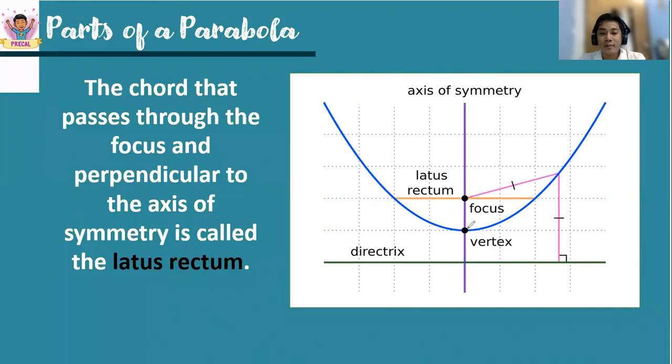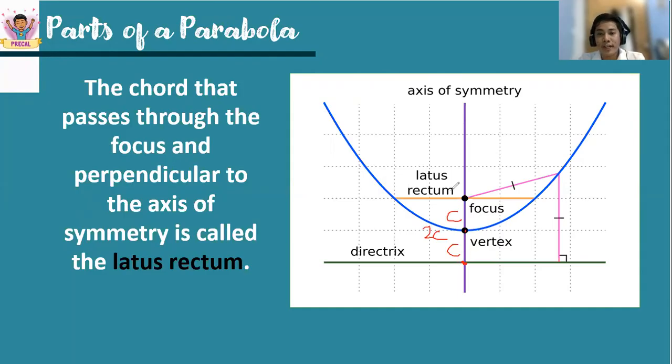The distance from the vertex of the parabola going to the focus is what we know as the c distance. Consequently, the distance from the vertex going to the directrix is also c. Therefore, the distance from the focus to the directrix is 2c.